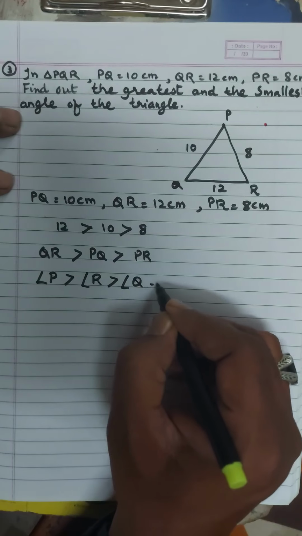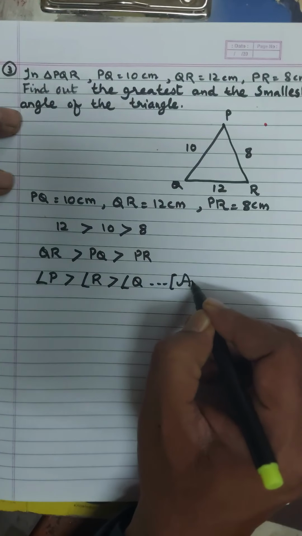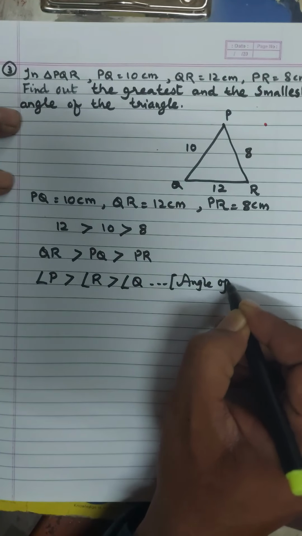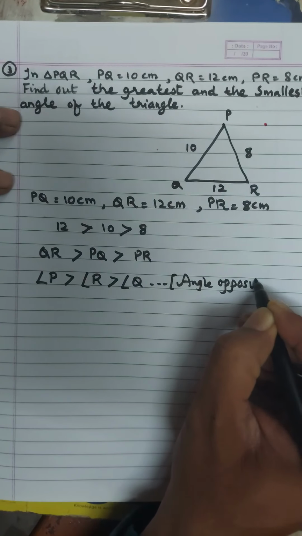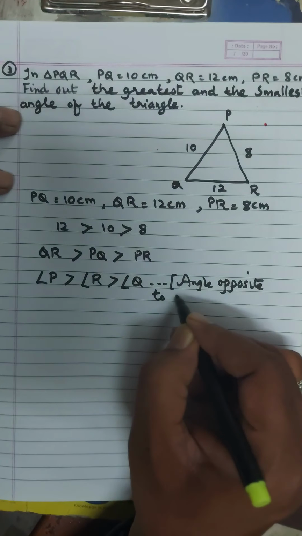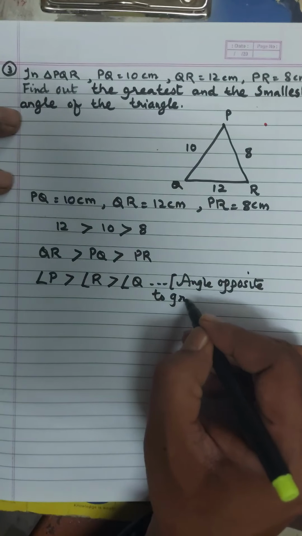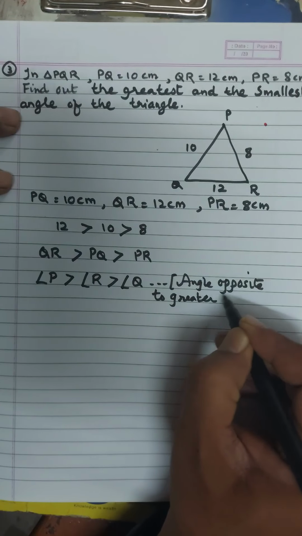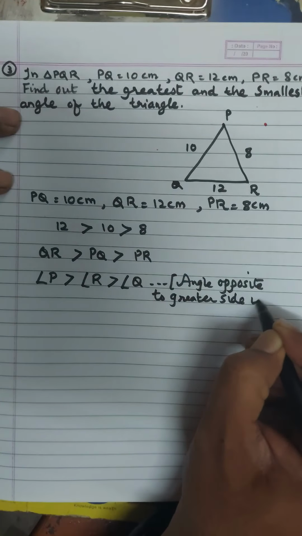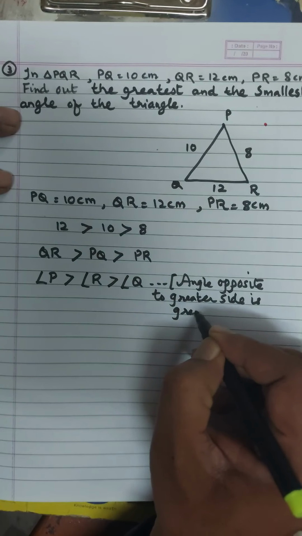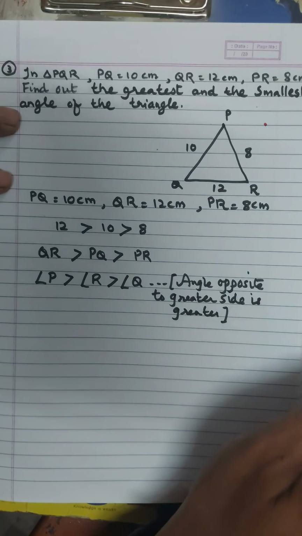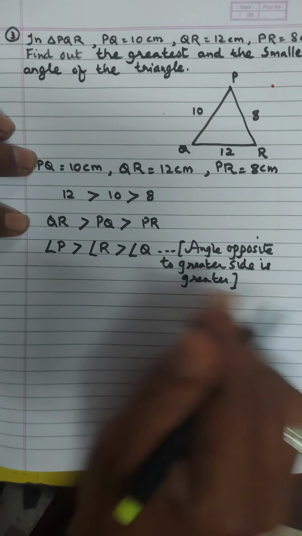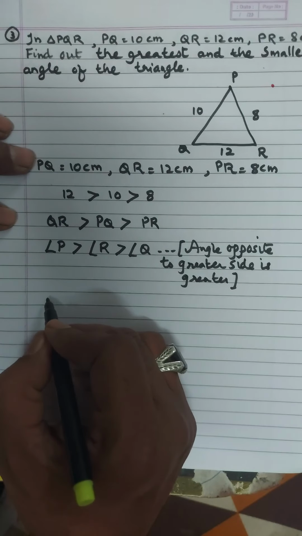Okay, we need to write a reason also. Angle opposite to greater side is greater. So whenever the greater side is there, the angle opposite is also greater. So therefore we can easily find it out.